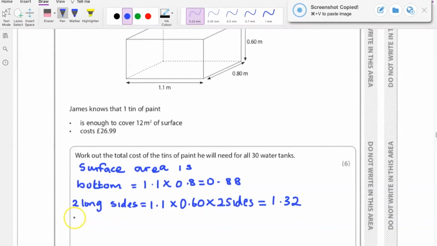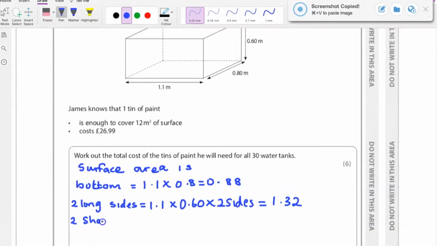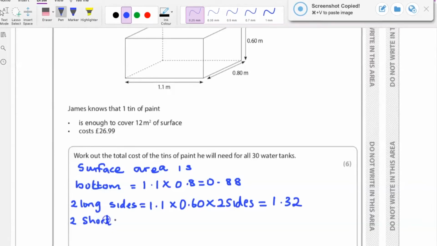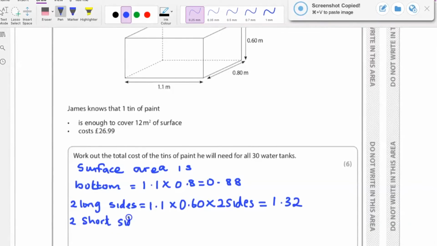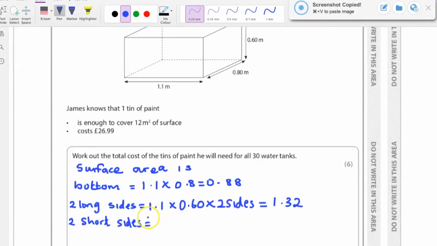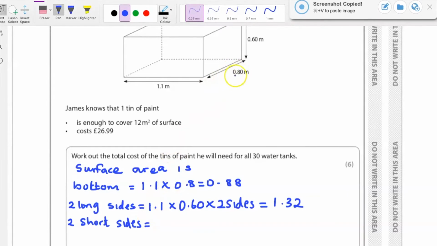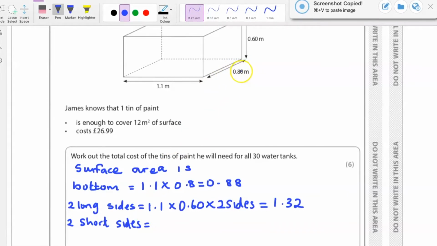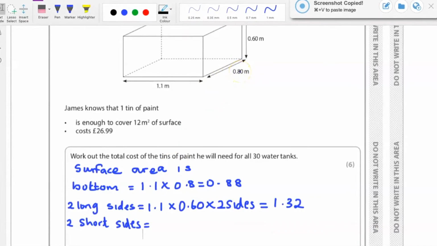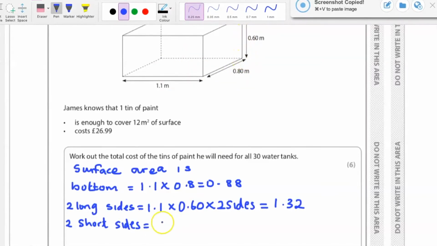Finally, we have the two short sides, 0.8 times 0.6.